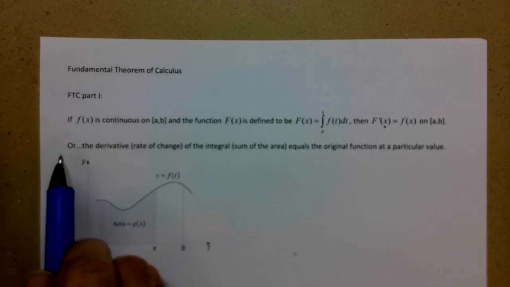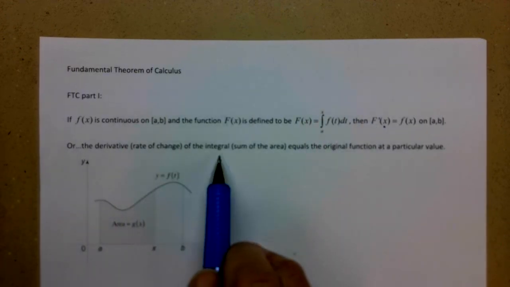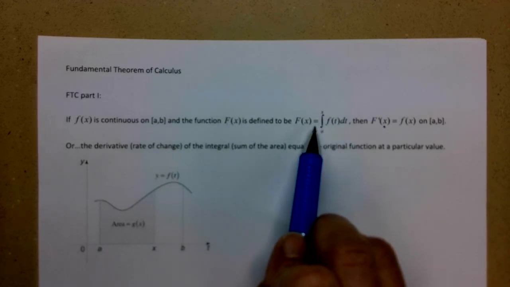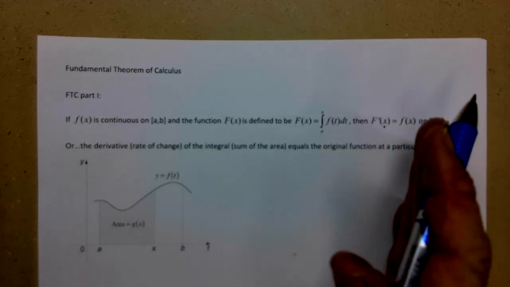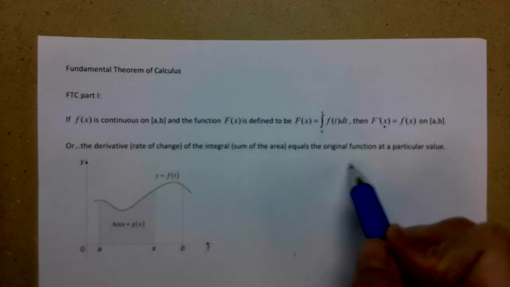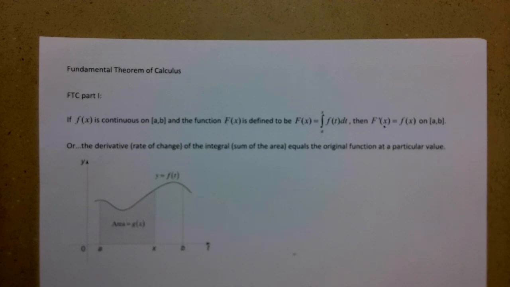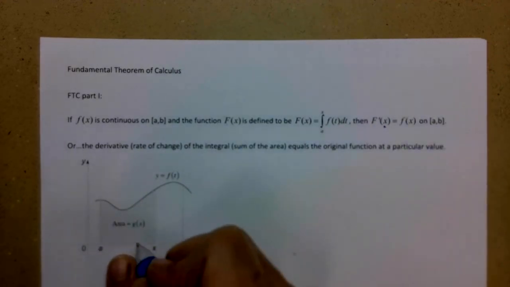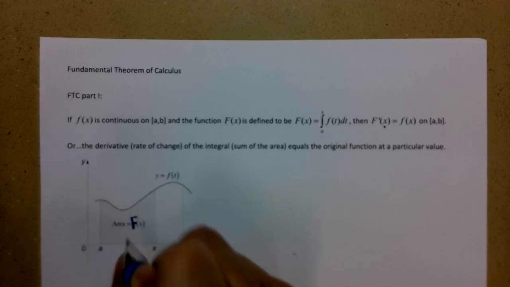Okay, so the derivative, the rate of change of the integral, which is adding up all of that area, is equal to the value of the original function at that particular value of x. So remember, area is, in this case, think of the area as our big F of x for the notation that I've used.